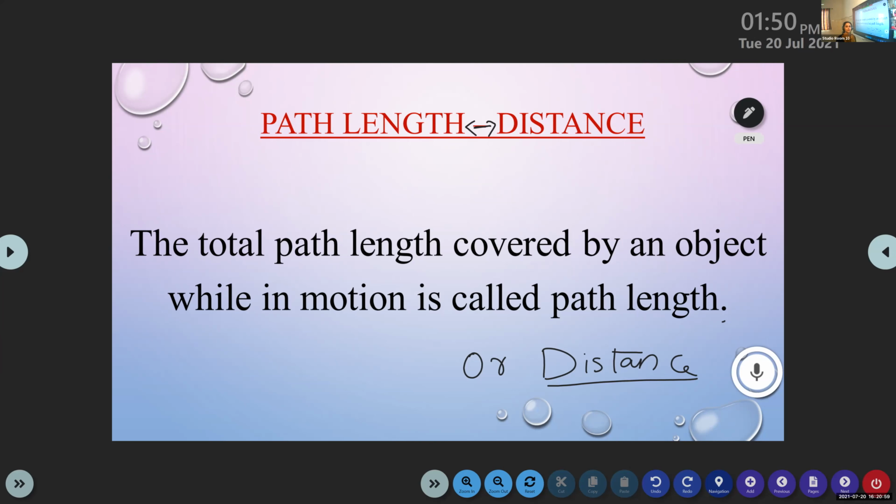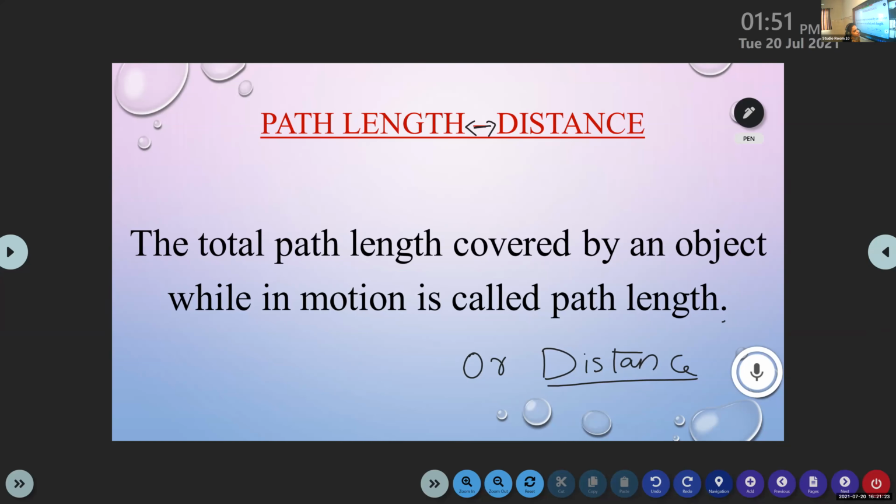Now, what is the SI unit of distance? We have already discussed. It is meter. And what is the dimension of distance? Shreya, what is the dimension of distance? I think her network is not stable.